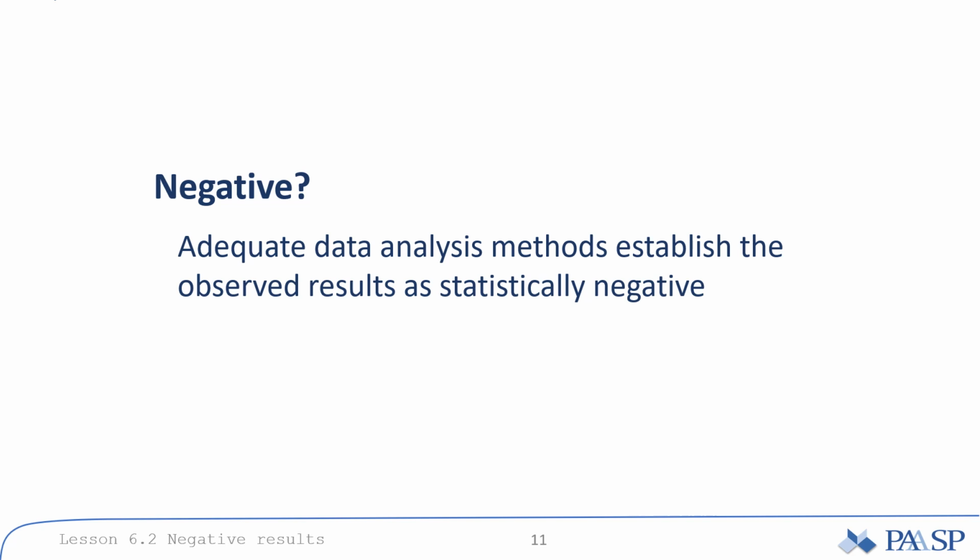Are the results really negative? If the p-value is above the magic level of 0.05, it may not mean anything. And in most cases, it is not sufficient to conclude that the results are negative and can be disseminated as such. It is essential to use adequate data analysis methods to establish the results as statistically negative.